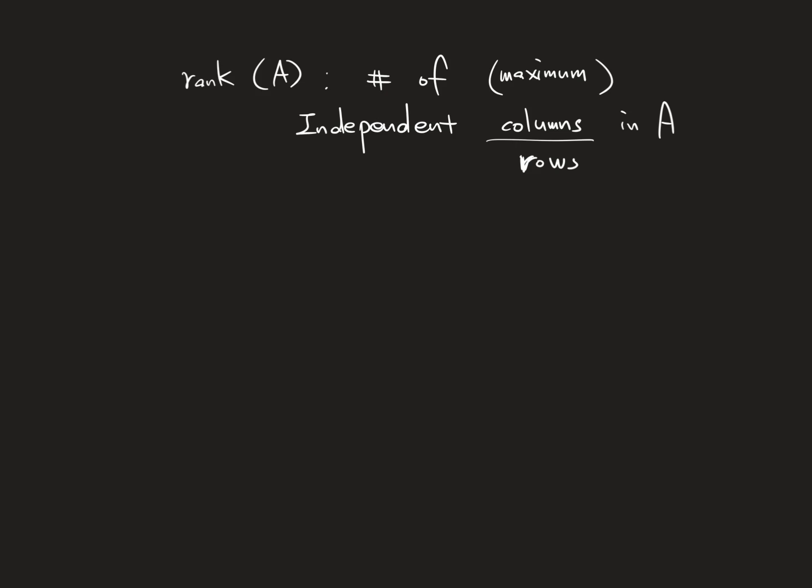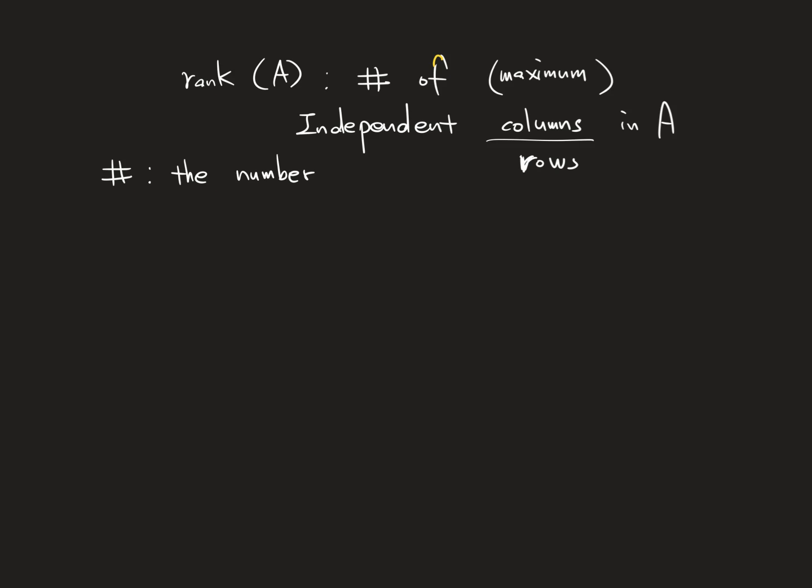Let's just erase that. When I write rank, this is the number. So the rank of A is the number of independent columns.